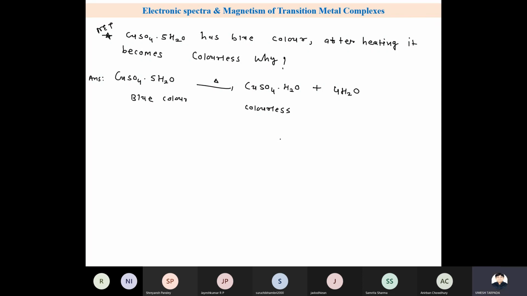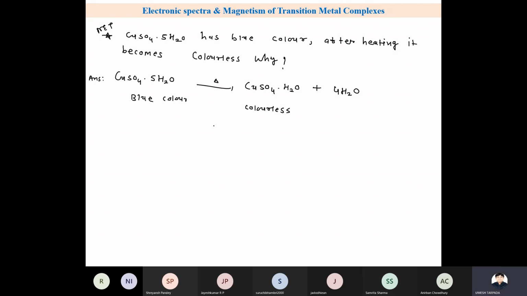So in this case, see, there is no octahedral or tetrahedral geometry in this complex after heating; you can have only one H2O. If you go for copper sulfate·5H2O, you can have an octahedral type geometry.